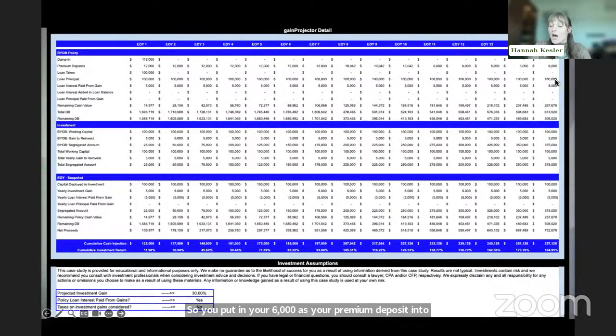You still have that 100,000 loaned out to the Forex trading fund. And you still have 257,000 as cash that's available in the policy that you can use for whatever you want. Maybe we got to pay taxes. I know y'all got to pay taxes. We just had April 15th not too long ago.